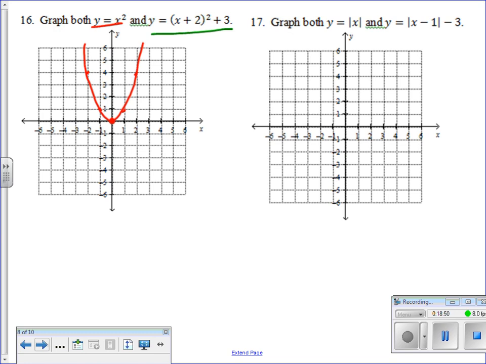The plus 3 means that I go up 3. Over 2, up 3. There's my new vertex. There's my second graph. The vertex is the first thing I look for. Is the vertex in the right place? After the vertex, I look at wide and narrow. I look at pointing down if it needs to point down.